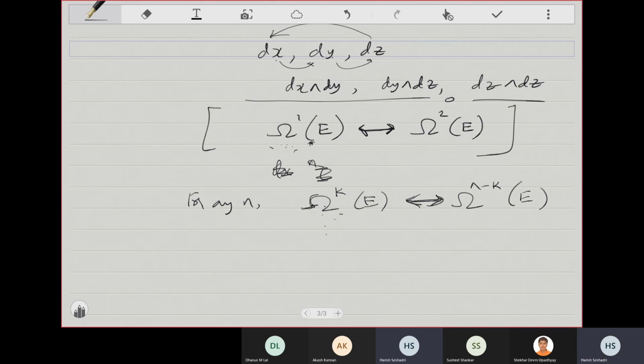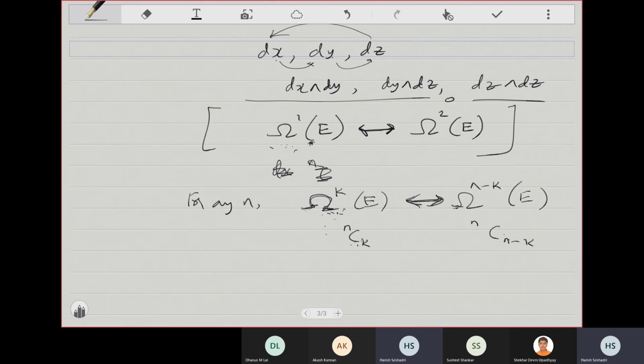But if you use functions as coefficients, then the basis would have n choose k elements here, and here it would be n choose n minus k of the dxi's. But we know that n choose k and n choose n minus k are the same. So from that point of view, it makes sense that there's a bijective correspondence between this and this.